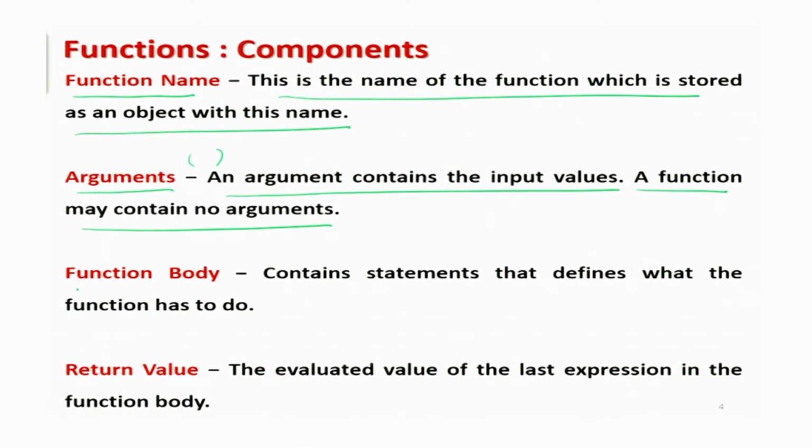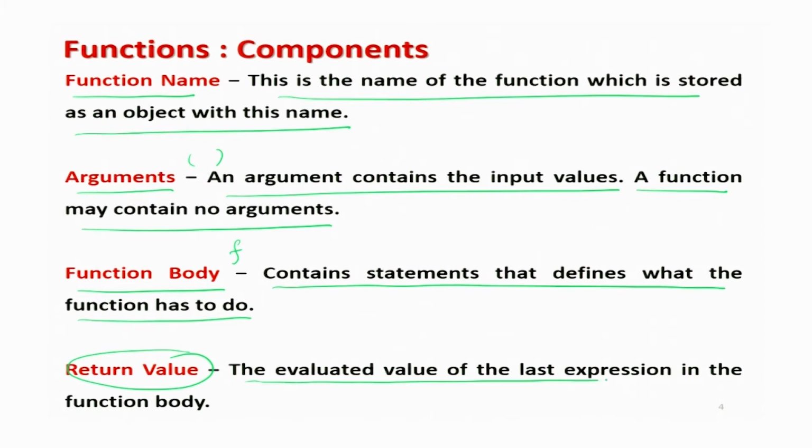Then the function body, it is something like your f here. This body contains all the statements that define what the function has to do. And after that the outcome is the return value: whatever calculation and evaluation have been done up to the last expression of the function body is returned here as an outcome.